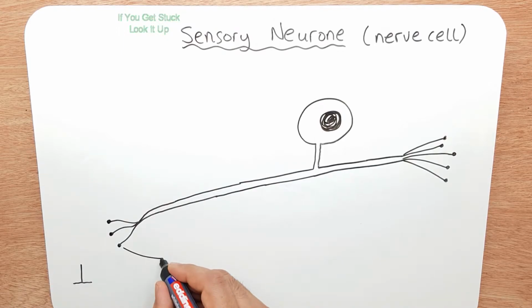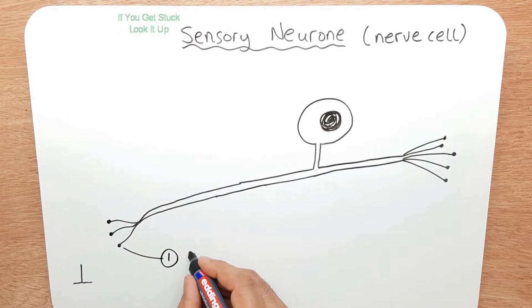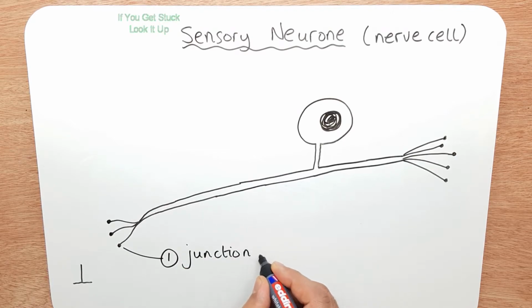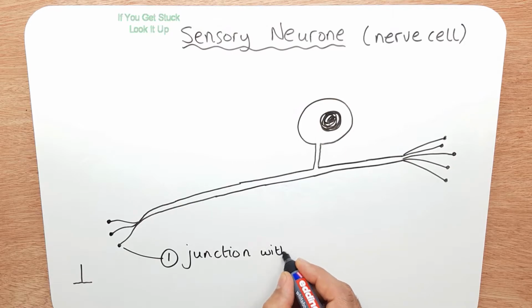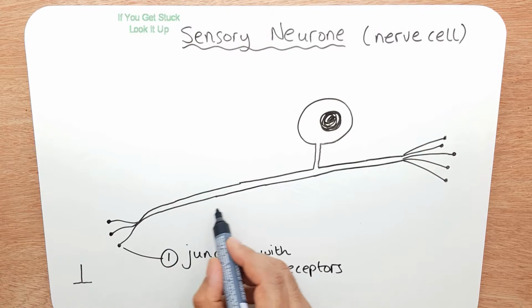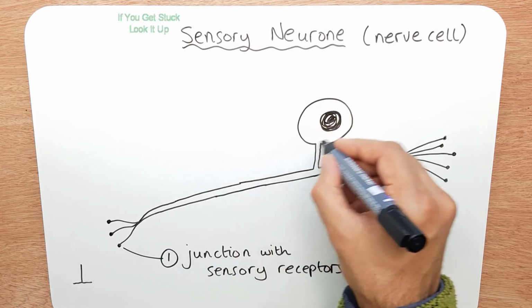So the first part is the junction with sensory receptors, and that's where it starts from. Then the signal proceeds up here, up to the cell body.